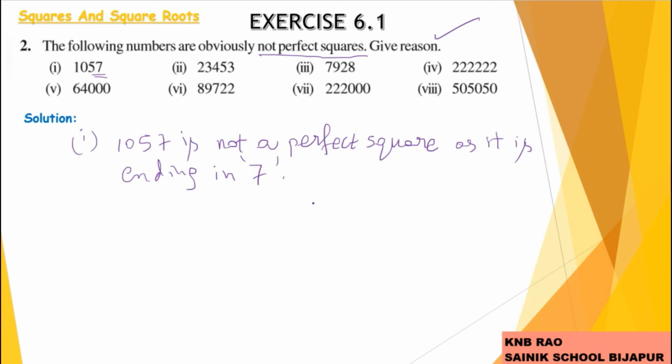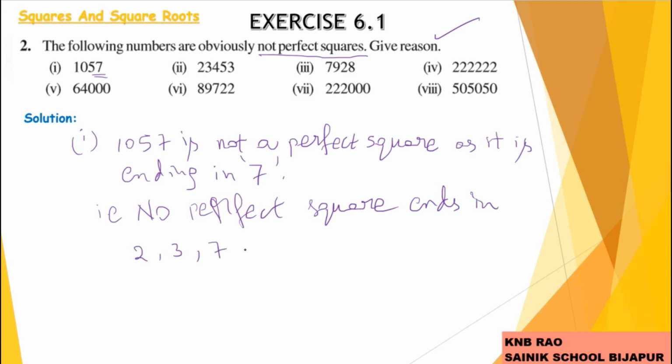So no perfect square ends in 2, 3, 7 or 8. So we quote this important property. Students, this is how you have to write. So you can easily say which are not perfect squares.